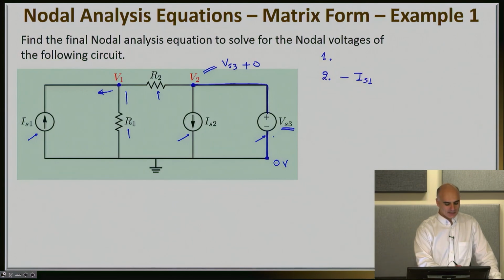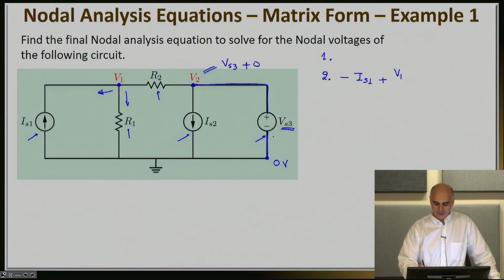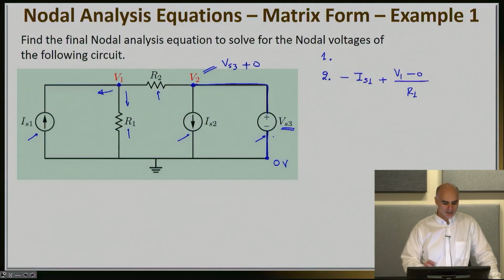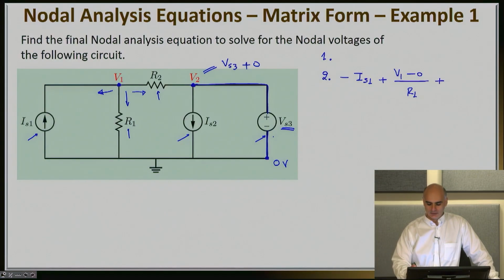There might be current flowing downwards through R1, and that means that I will have to add V1 minus 0 divided by R1. This is the current that flows downwards, and there will be current flowing to the right, and this will be equal to V1 minus V2 divided by R2, and this must add up to 0.